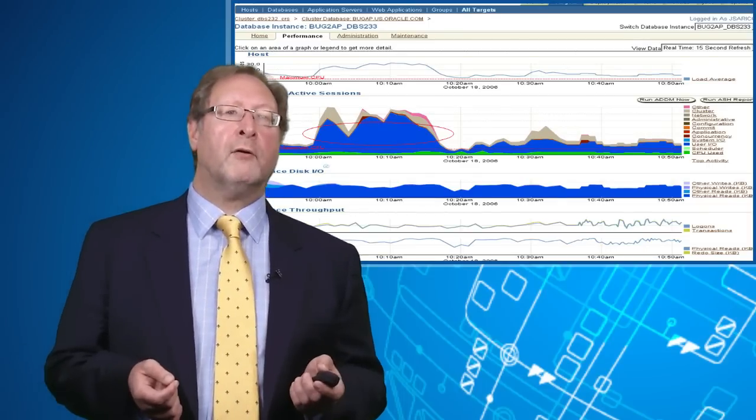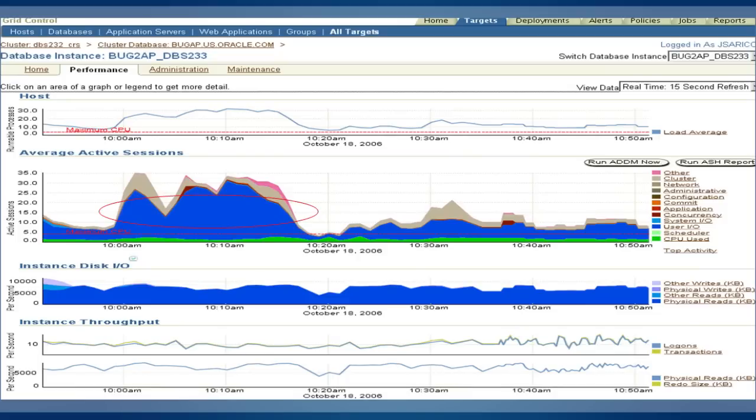If you look below it, however, you'll see that we're not actually doing any more I/Os at this time. And if you look above where we have the host information, you will see that for this period of time where we have the large block of blue, the load on the database server was very high.